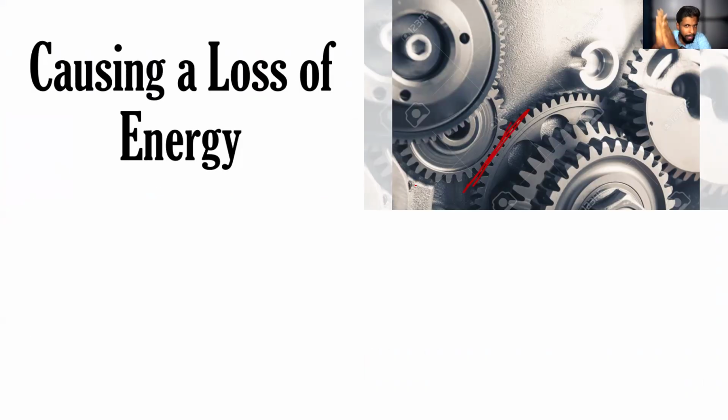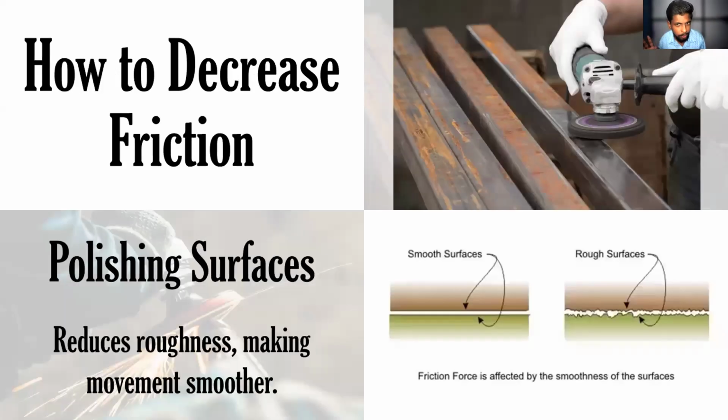Automatically heat energy will be produced, because of the frictional force. So the engine becomes hot. Frictional force is not a good thing, it is a disadvantage. So I want to reduce the frictional force, and there are some methods to do that.